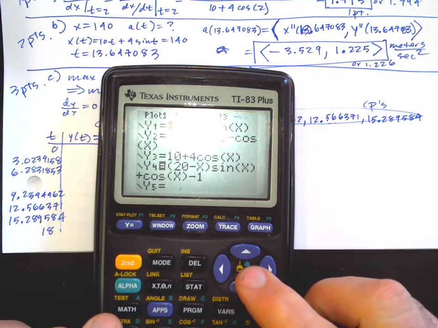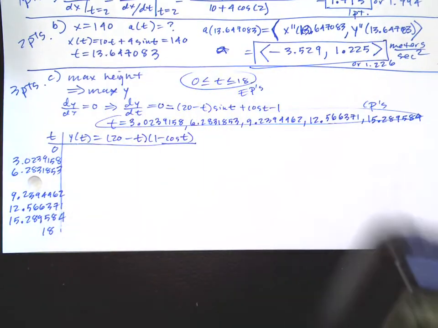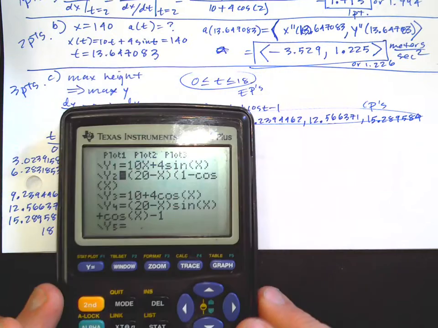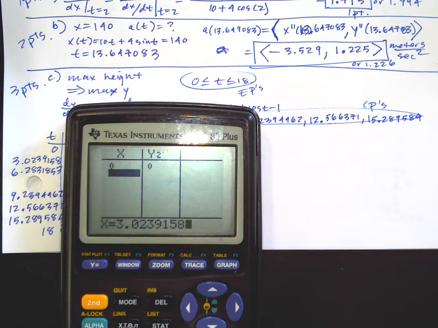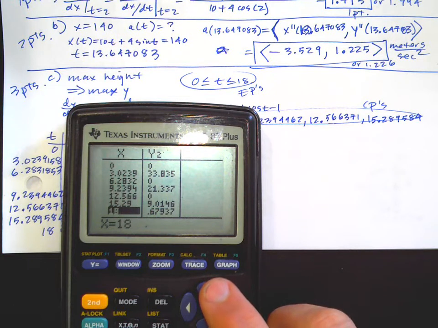So I'd go to y equals, turn that guy off, go up here, and turn the second one on, and then go to table and just type these values in: 0, 3.0239158, 6.2831853, 9.2394462, 12.566371, 15.289584, 18. It's a lot of numbers.